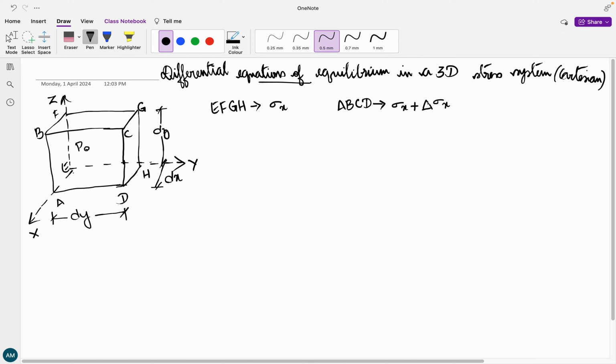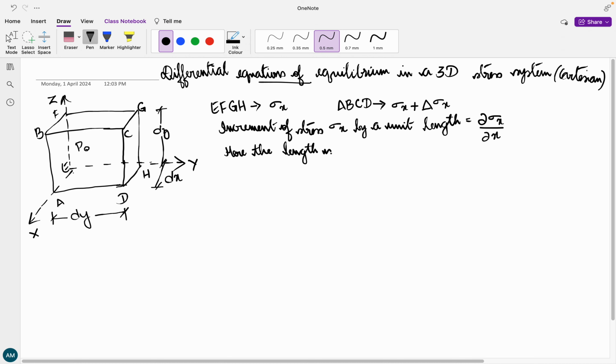Next, how are we going to calculate this increment delta sigma x? If you have an increment of stress, that is sigma x, per unit length, then it is dou sigma x divided by dou x, but here the length is dx.